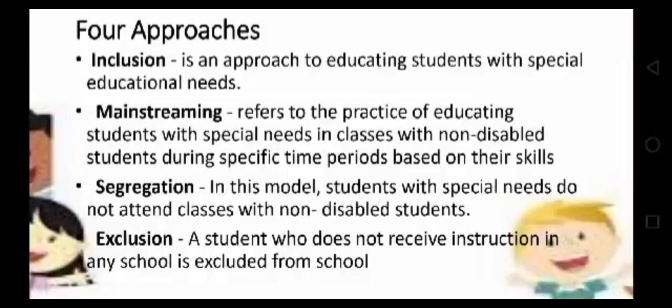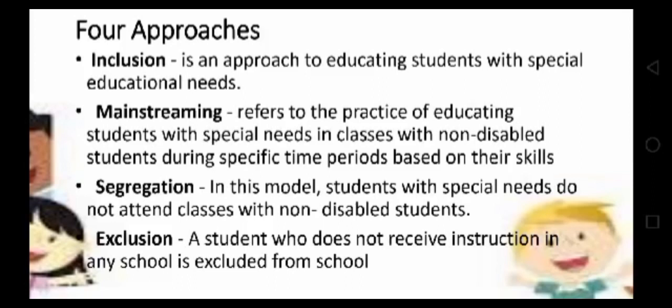There are four approaches: inclusion, mainstreaming, segregation, and exclusion. Inclusion is an approach to educating students with special educational needs. Mainstreaming refers to the practice of educating students with special needs in classes with non-disabled students during specific time periods based on their skills.